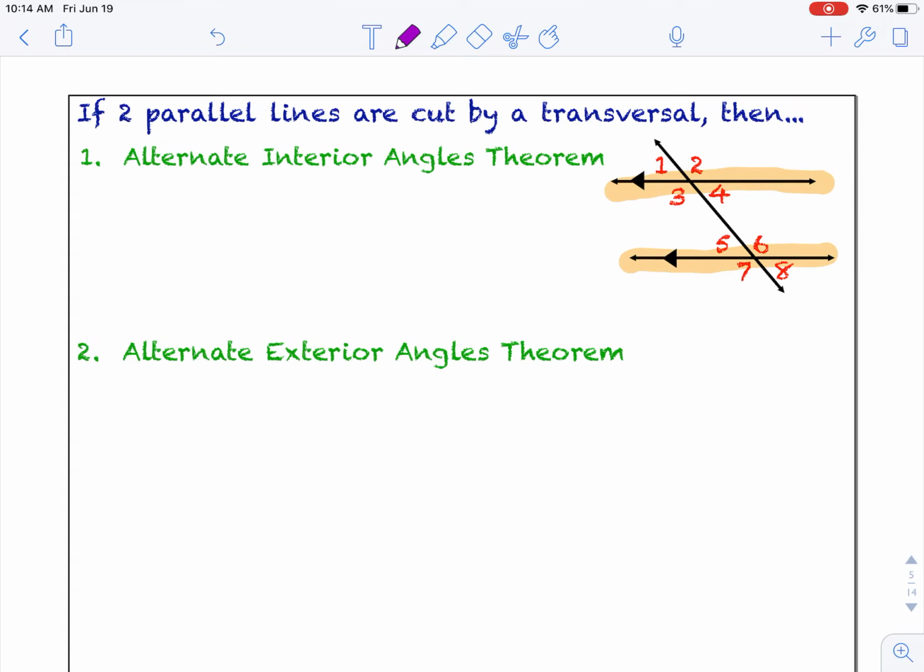So if you do have these two parallel lines, and it's cut by this transversal right here, we know that the lines are parallel because of that arrow marking. So the alternate interior angles theorem says that if you have parallel lines cut by a transversal, then the alternate interior angles are congruent.